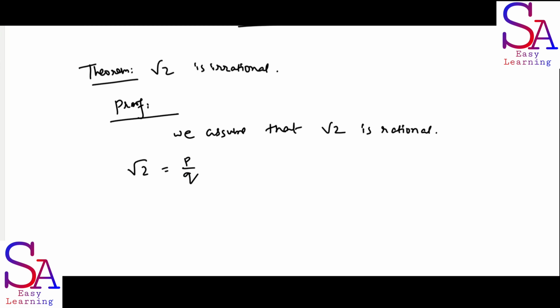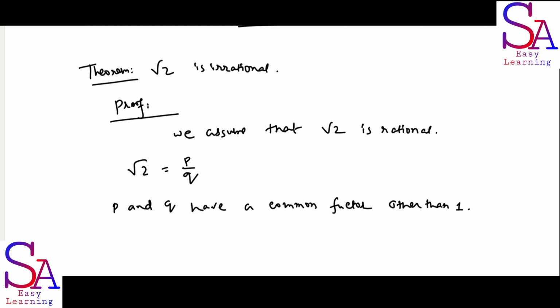Now suppose P and Q have a common factor other than 1.